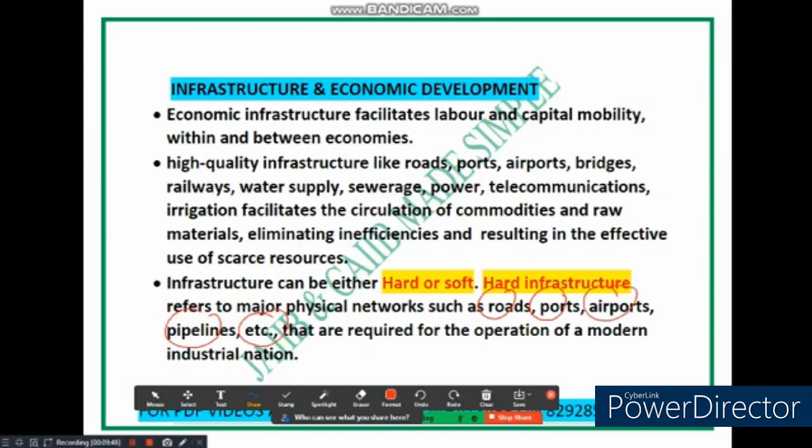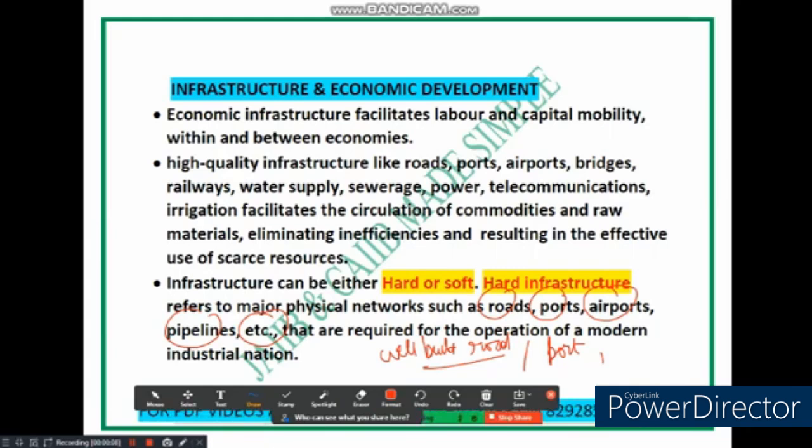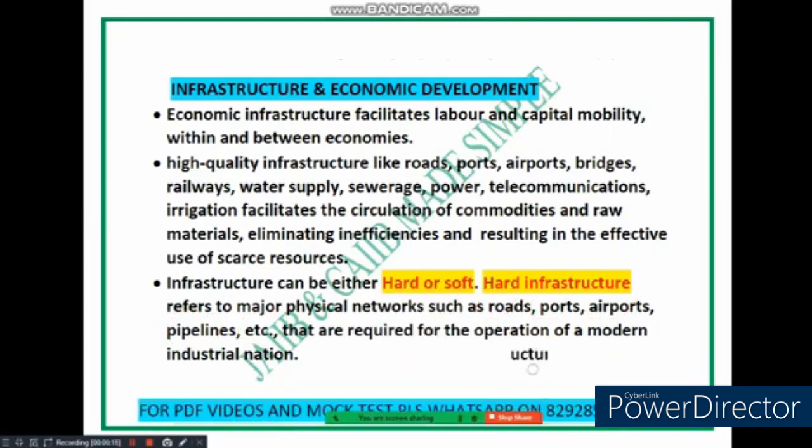Suppose a country needs well-built roads and well-built ports. These are needed to transport goods efficiently and facilitate trade. So this comes under hard infrastructure.